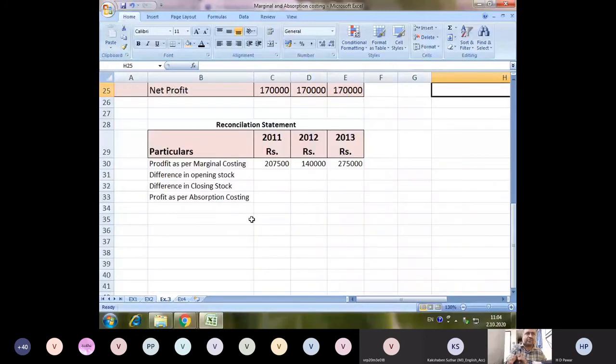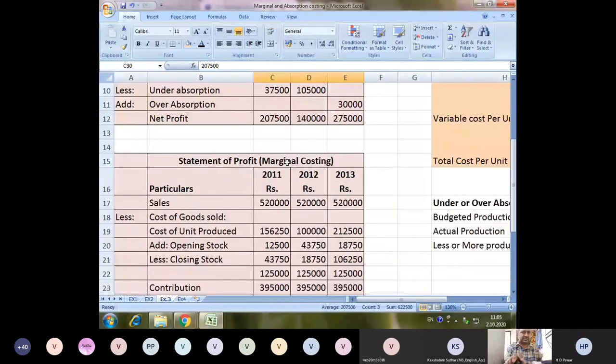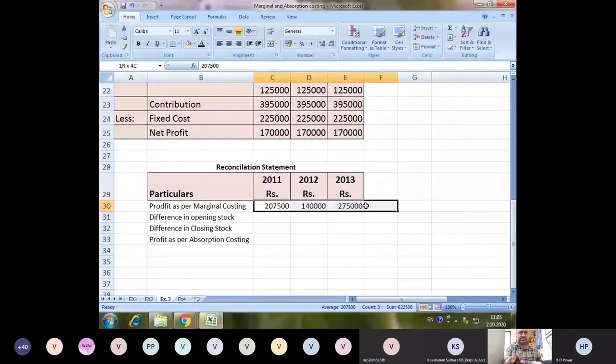Let us prepare it. Okay. So profit as per marginal costing and profit as per absorption costing are to be matched here. Let us match them. So what is profit as per absorption costing? This is. And profit as per marginal costing is this. Okay. Any one profit you can start with. Let us start with any one profit. So profit as per marginal costing is this.